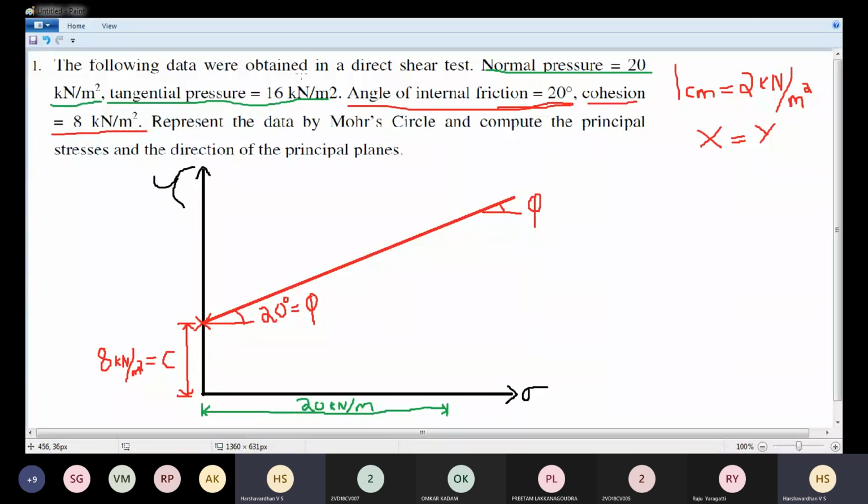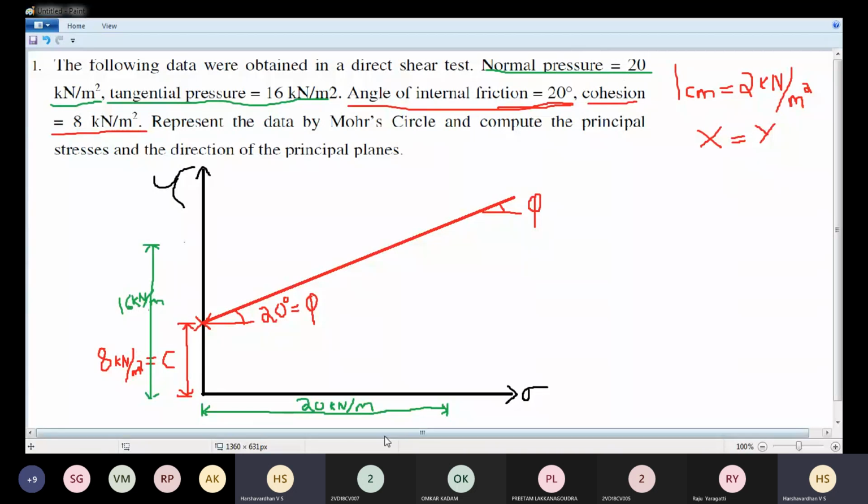Okay, next, tangential pressure, that is shear pressure, is 16. 16 is double of 8, that is 8 centimeters. So somewhere here. So this is 16 kilonewton per meter square.